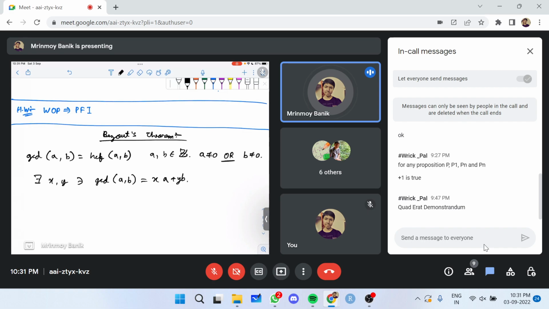These X and Y are not unique, so you get infinitely many pairs of X and Y.